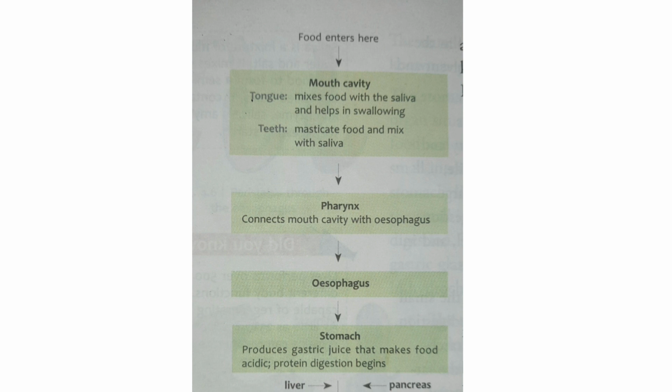It also has effects which can kill the microorganisms in our food, which is also very helpful to us. So after the stomach function is completed, the food moves out into the intestine in the form of a thick paste.